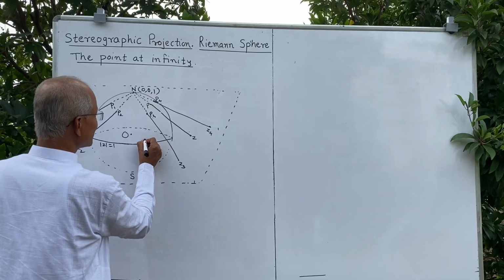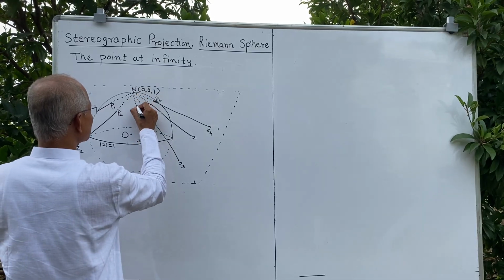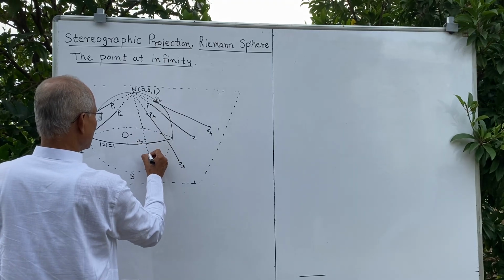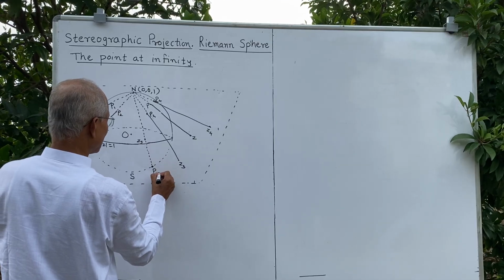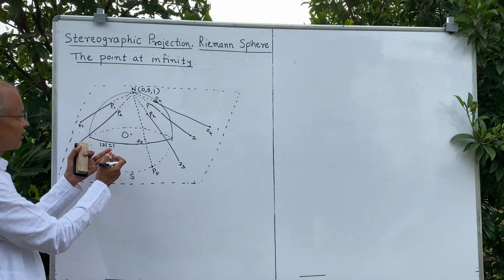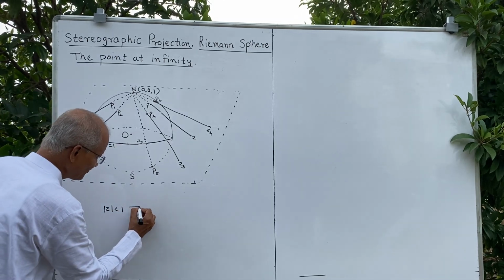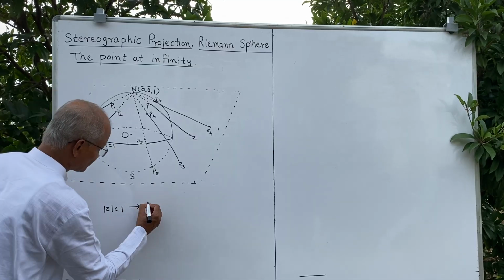That means, if you consider this point as, say, z5, then join this point z5 to the north pole, and it will intersect the southern hemisphere at point P5. So, the points inside this equator, that means |z| < 1, will be mapped onto the southern hemisphere.